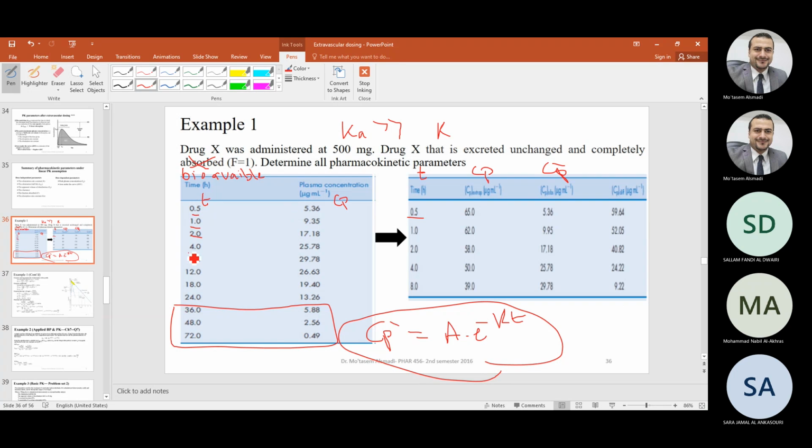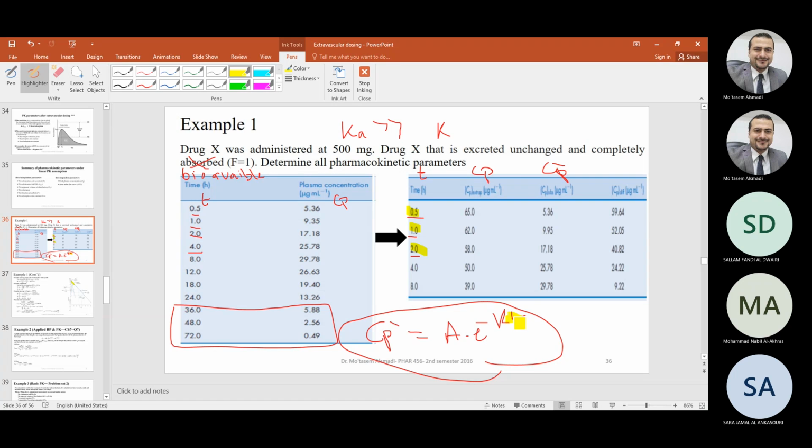We need to do it again on at least 3 time points, because linear regression needs to be done on at least 3 time points, right? You cannot do it in 2 time points, as we mentioned before. So I'll do it in the absorption phase. Okay, I'll calculate Cp prime using this equation here at these time points by just plugging the values of these t's in this equation, right?